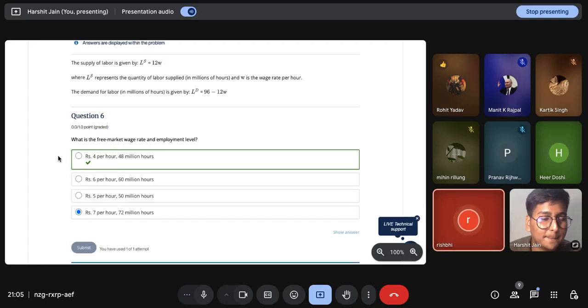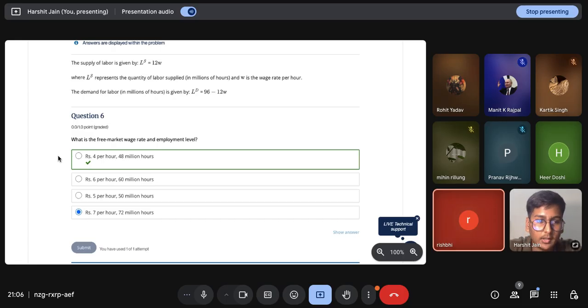Alright. So this is the same thing as the one we did before about the quantity demanded and quantity supplied. Here they have just put L, nothing else. If you put Q in place of L, it will be the same thing. Now when you say free market wage rate, it basically means free market. Anytime you leave something to the free market, it automatically reaches the equilibrium.